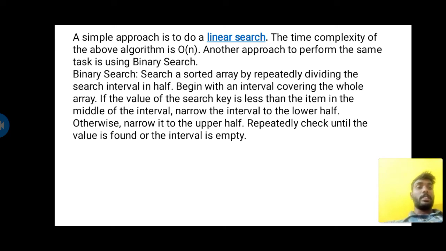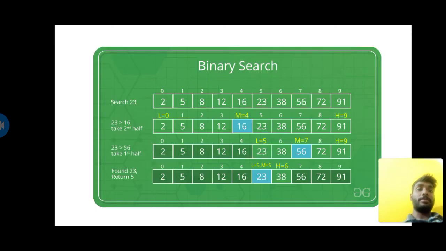Begin with an interval covering the whole array. If the value of the search key is less than the item in the middle of the interval, narrow the interval to the lower half. Otherwise, narrow it to the upper half. Repeatedly check until the value is found or the interval is empty.